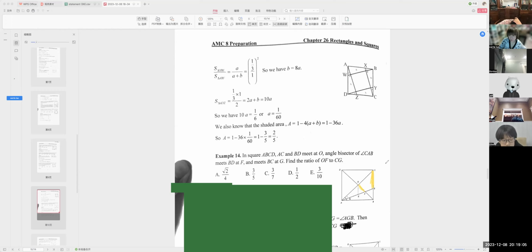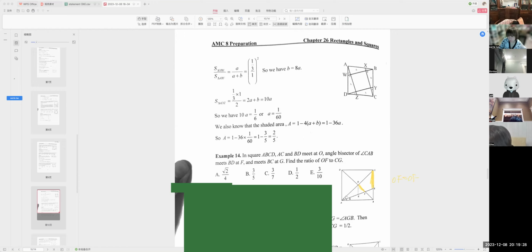So we know it's a square, so in ABCD each of the lines is the same, right? Because we want to find this out, we first draw OE parallel to CB. Probably for these questions, we're going to prove that OF equals OE, then OE has a relationship with CG.